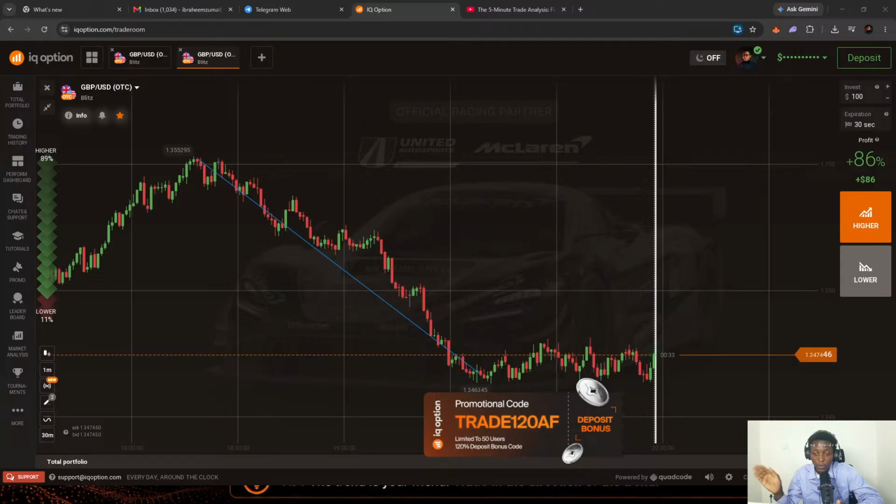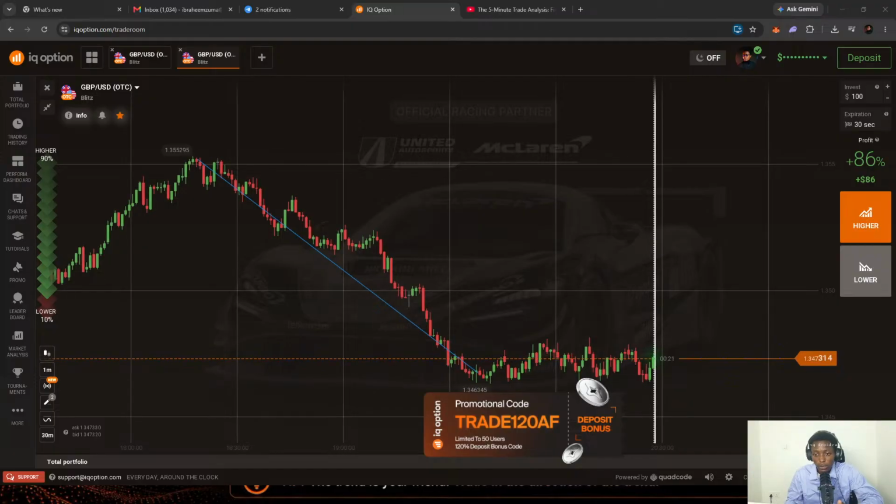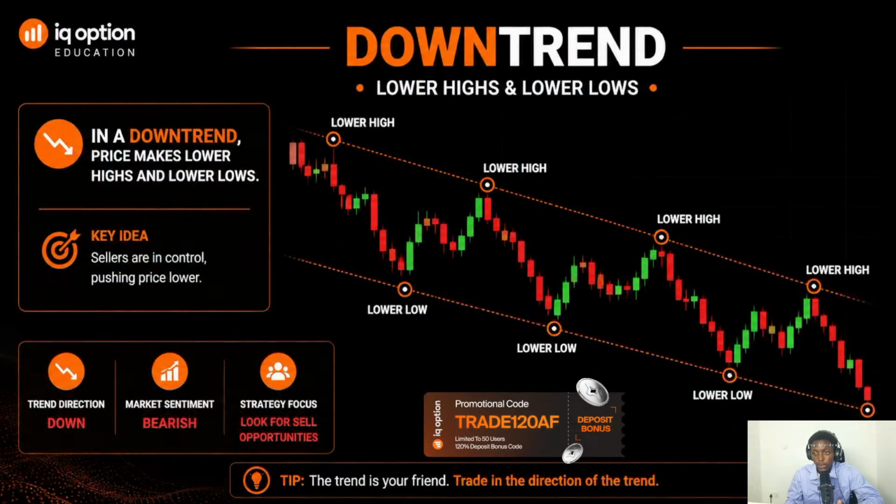So coming back, we are now talking about a downtrend, right? We have now shown you what a downtrend looks like and what an uptrend looks like. If you're here with us, you understand what an uptrend means.